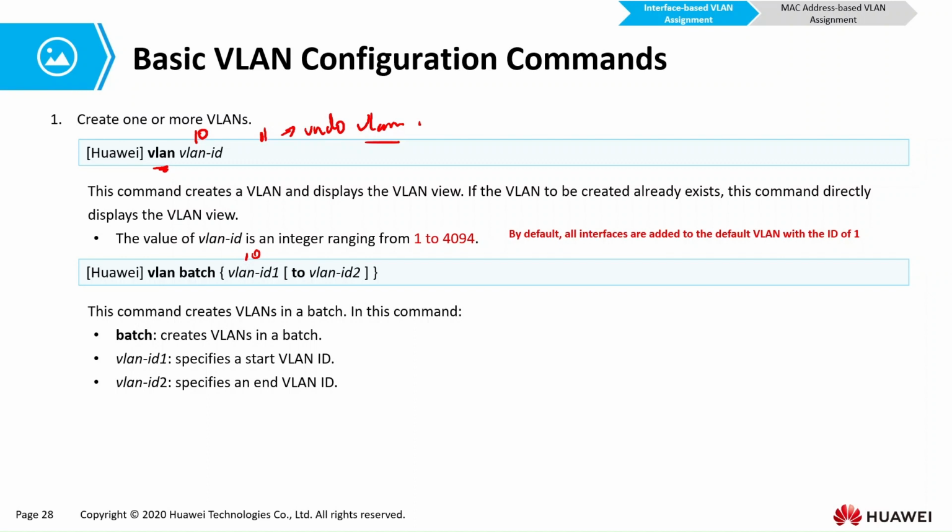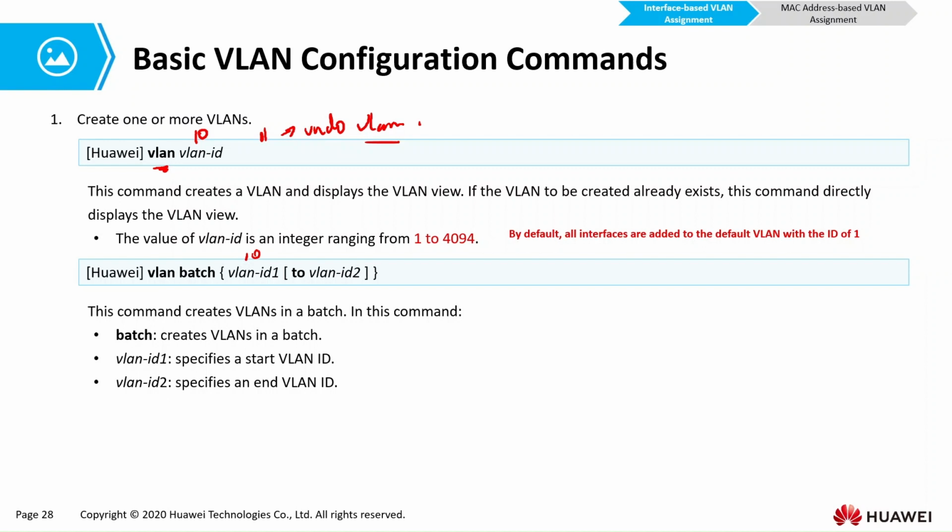Seldom do we use all VLANs. You decide which VLANs you allow to pass, and you can do it in batches, no need one by one. Then you can also configure the default VLAN, telling it what your PVID VLAN ID is.